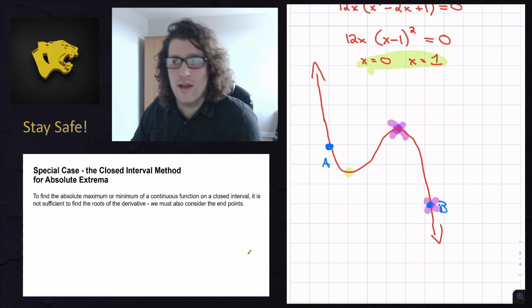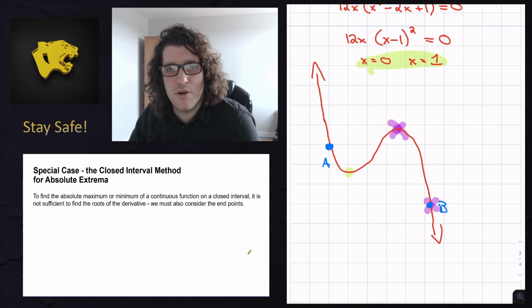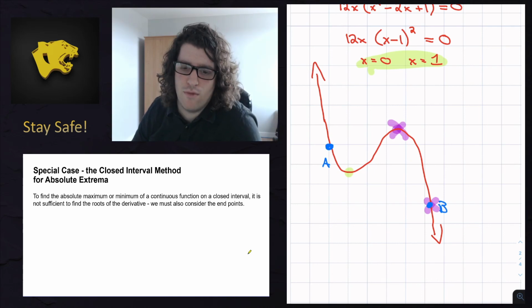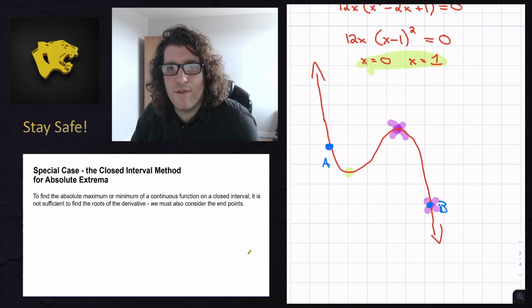The reason why is because there's more function that would be there normally. If we keep going out to the right, it will get lower, but for some reason, whether it's artificial or not, doesn't really matter, we are chopping off this function, so it cannot go past B, and therefore the y value at B is the lowest y value we will reach on this entire function.